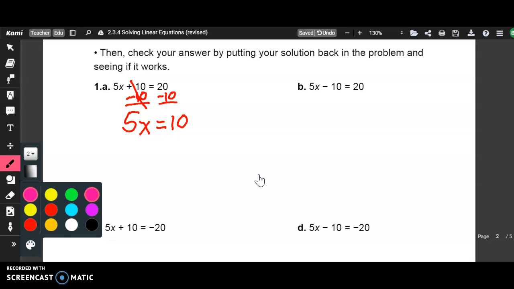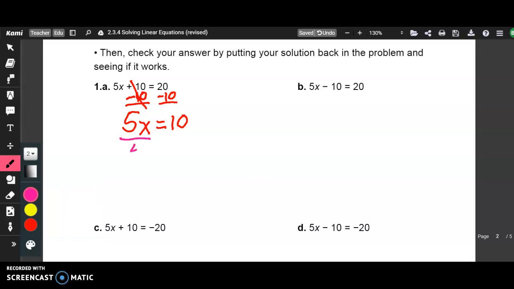How can I solve how many are in each pouch? Well, I can divide by 5, divide by 5. So I get x equals 10 divided by 5, which is 2. So my answer would be 2.